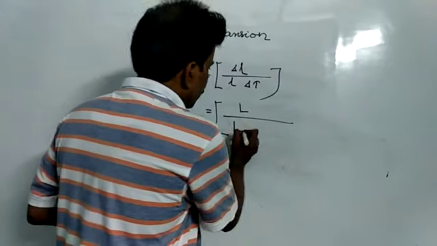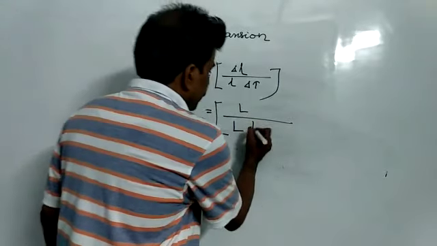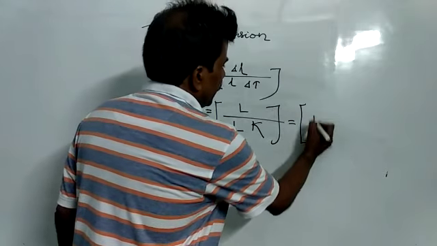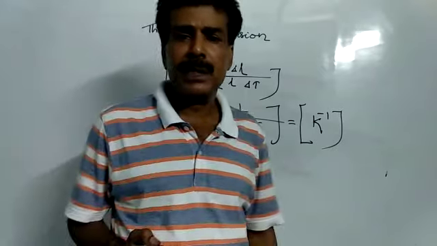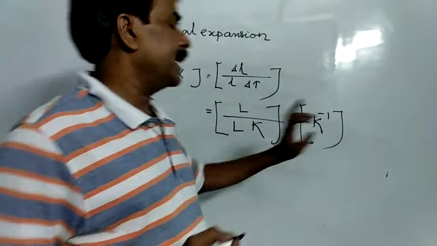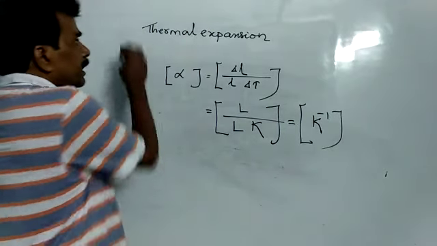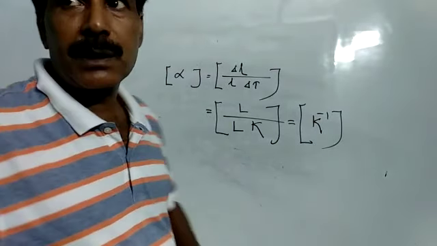That is also L. And what is delta T? That is K. So here this equation becomes K to the power minus 1. So we can write the dimensional formula of alpha is K to the power minus 1. Right? Then we'll discuss areal expansion.